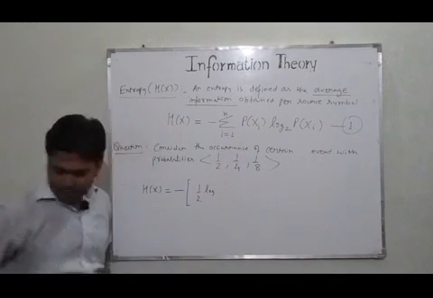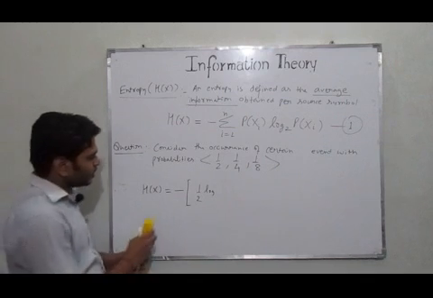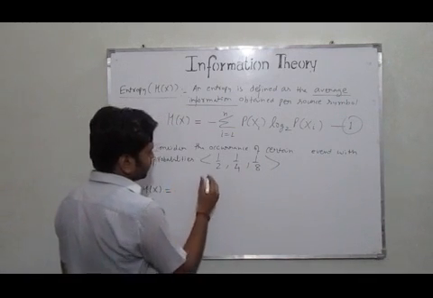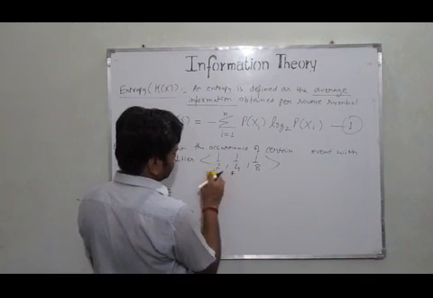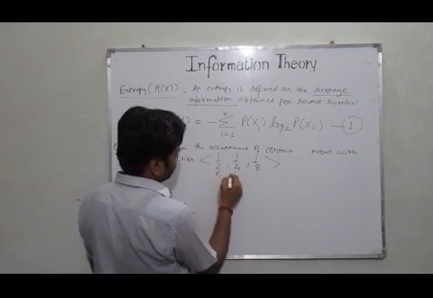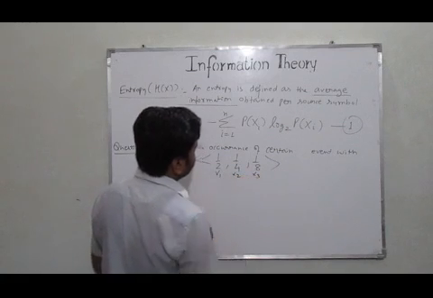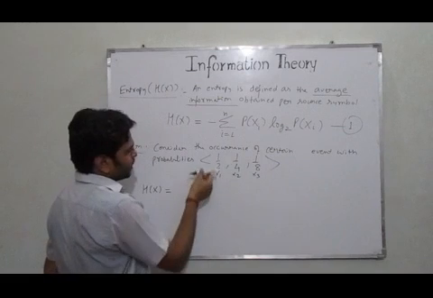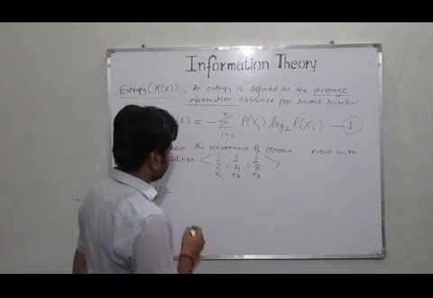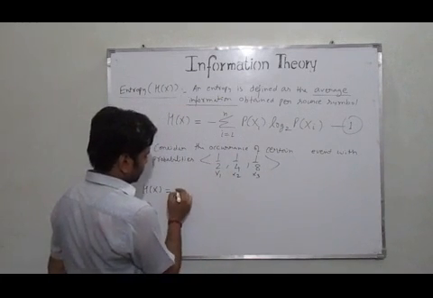First, let us understand: suppose I consider the events as E1, which is basically considered as x1, x2, x3. So how can I derive this relation with respect to this particular question?